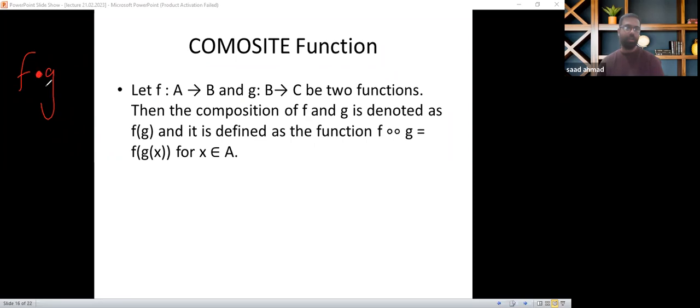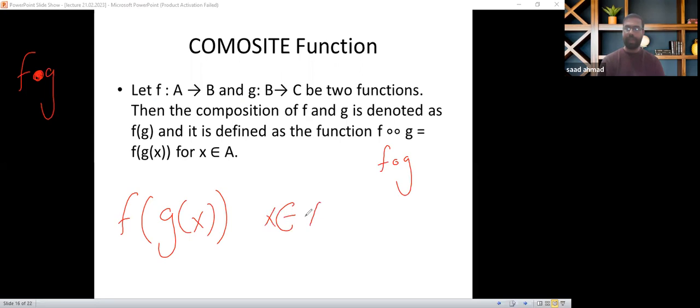This is not an O, but a small circle like that, which is read as f of g. So f of g is read as: the input of f is the function g, and x belongs to A, whatever the domain is, x belongs to the inputs.